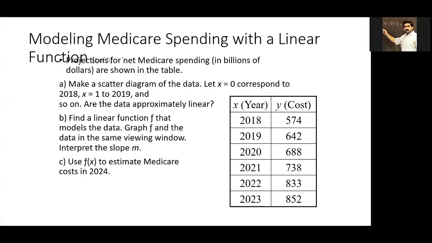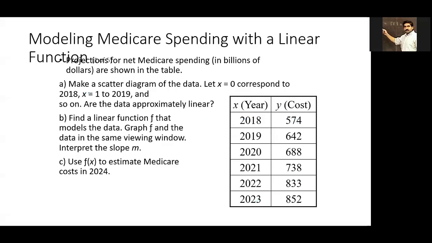So in this example here, predictions for net Medicare spending in billions of dollars are shown in this table. For years 2018 all the way to 2023, the cost is recorded here.